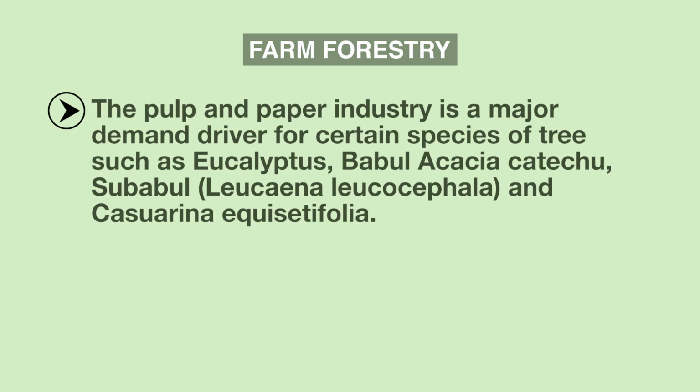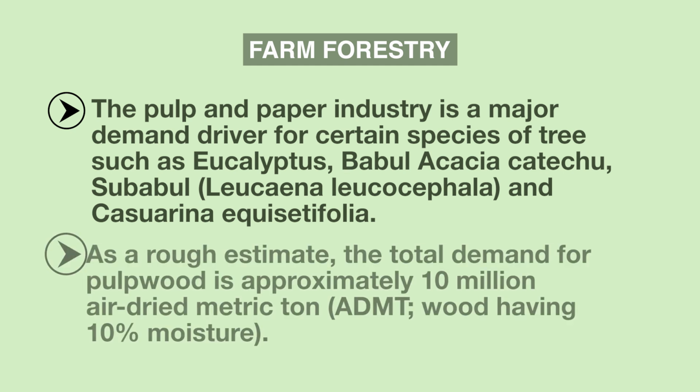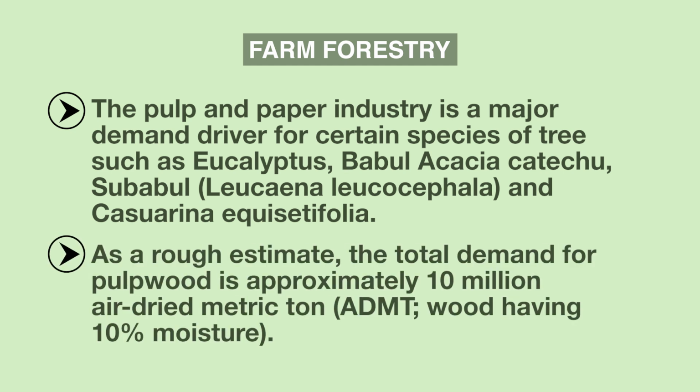The pulp and paper industry is a major demand driver for certain species of trees such as eucalyptus, babul, acacia, catechu, subabul, and casuarina. As a rough estimate, the total demand for pulpwood is approximately 10 million air-dried metric tons.